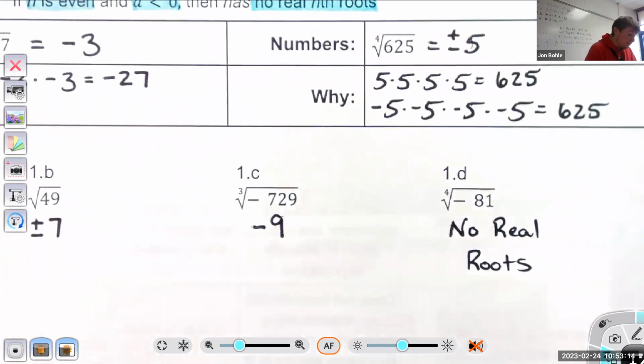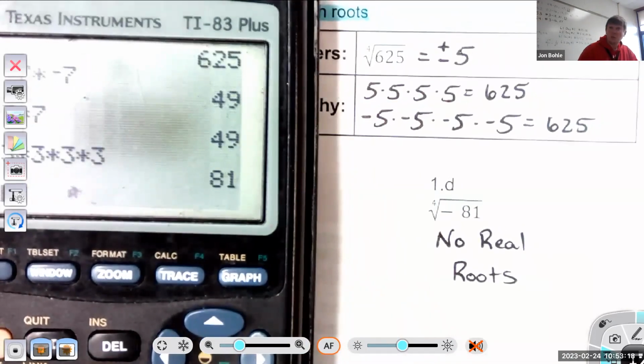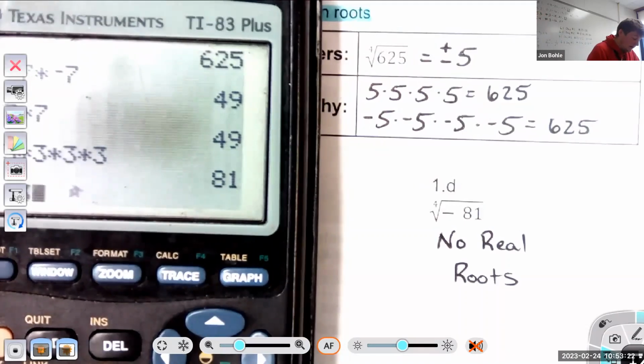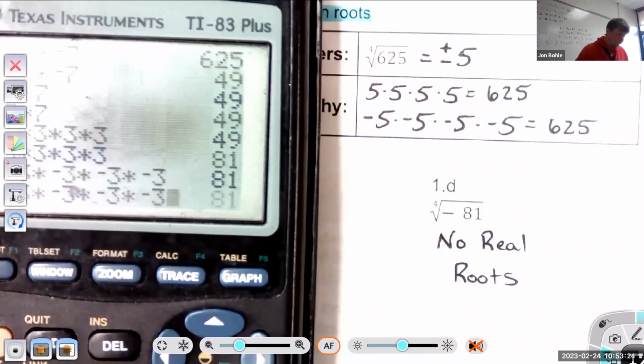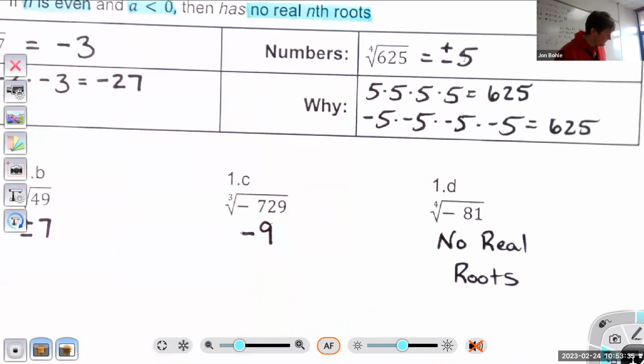But if it's 3, then I should be able to go 1, 2, 3, 4 and get negative 81. But I got positive 81. Then somebody might think it's negative 3, 1, 2, 3, 4, but I got positive 81 again. This is an impossible problem to do. You cannot take the even root of a negative number.